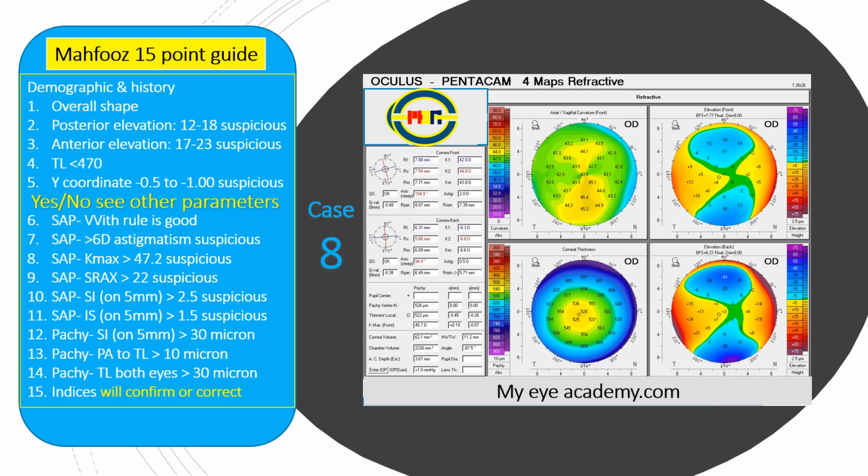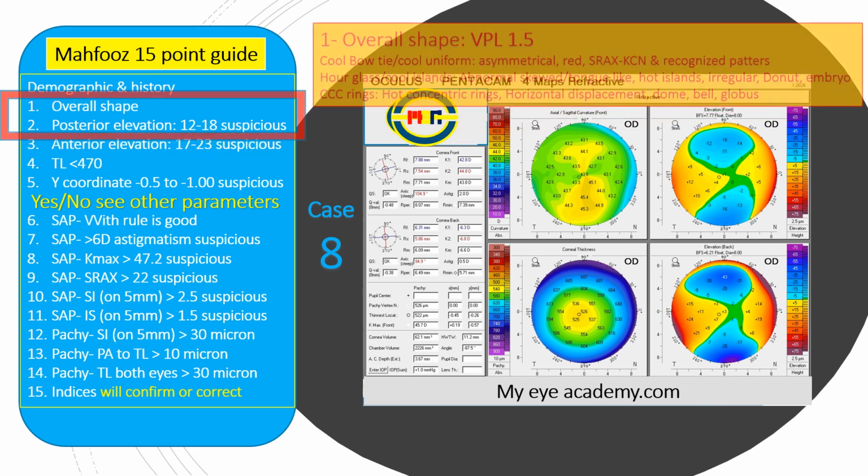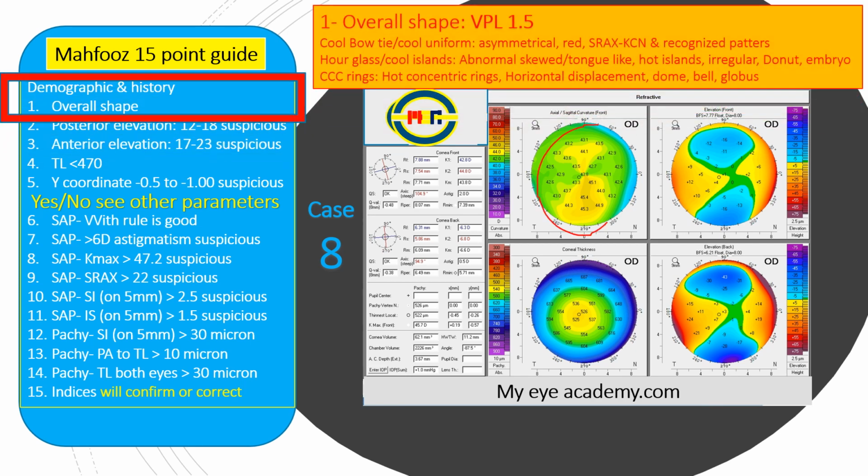Case number 8, look at that here. The bow tie is of the cool colors, but its shape is slightly asymmetrical. Inferiorly it's wider and superiorly it's slightly irregular. Though we have got an hourglass appearance on anterior and posterior elevation and cool concentric central rings, only the bow tie is slightly asymmetrical.